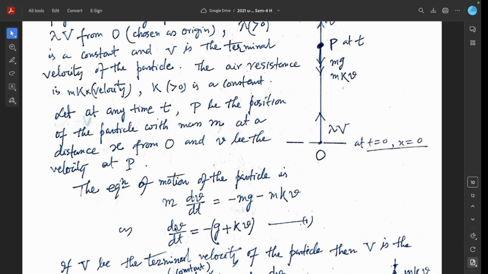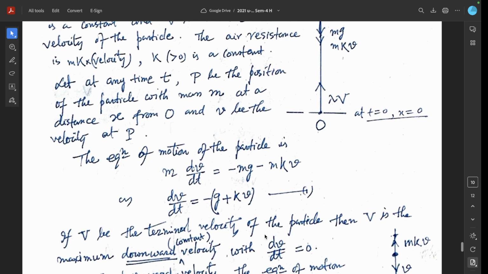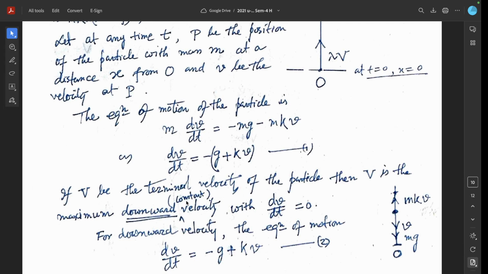So the equation of motion is dv/dt equal to minus bracket g plus kv. If capital V is the terminal velocity of the particle, then capital V is the maximum downward constant velocity with acceleration dv/dt equal to 0.